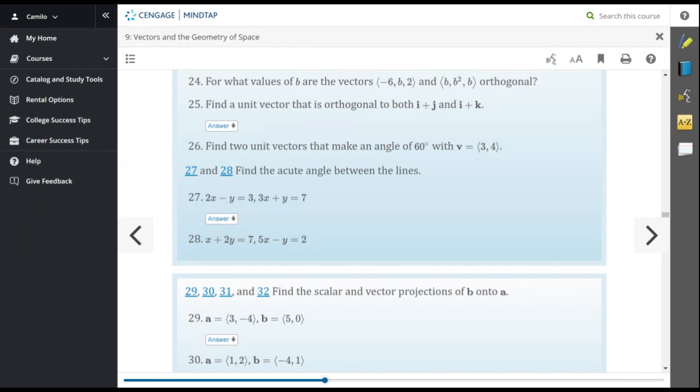Professor, I have finished my Chapter 9 project. I just sent it to you via email. Would it be alright if you took a look at it and see if I made any mistakes? Sure. Did you send it to my Gmail? No, I sent it to your Montgomery College email.